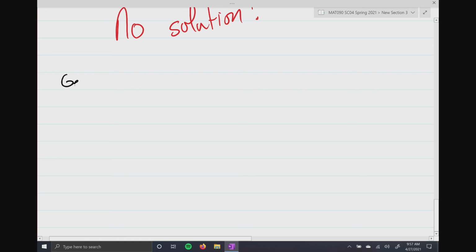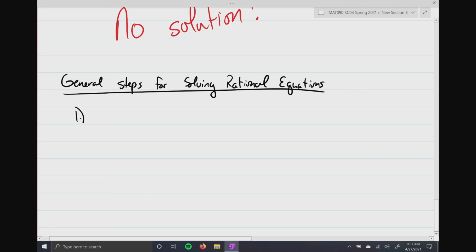So I'm just gonna say general steps for solving rational equations. Step 1. Identify any possible non-solutions.